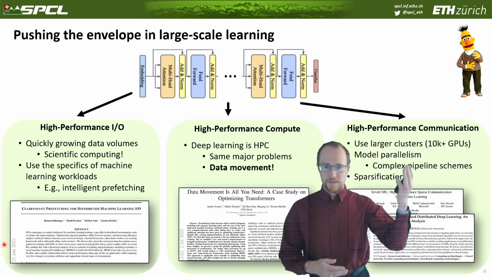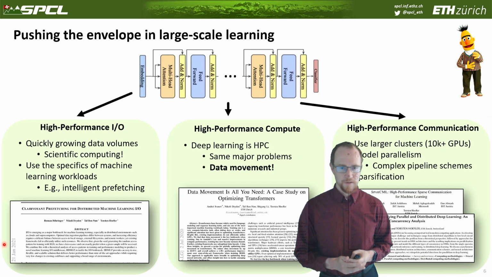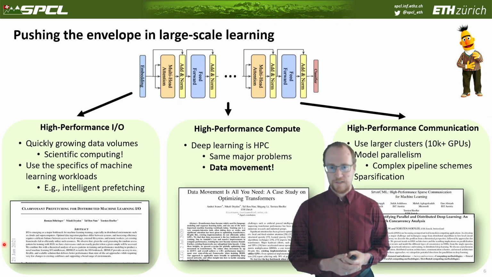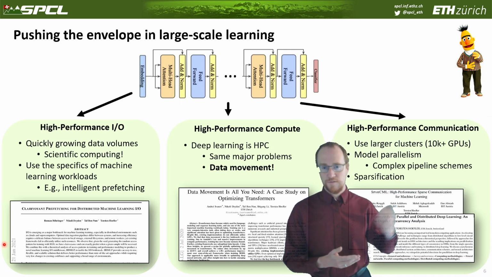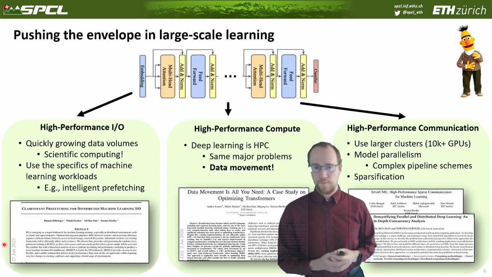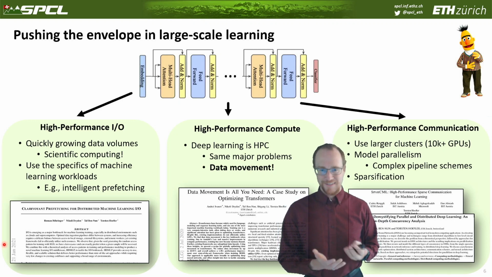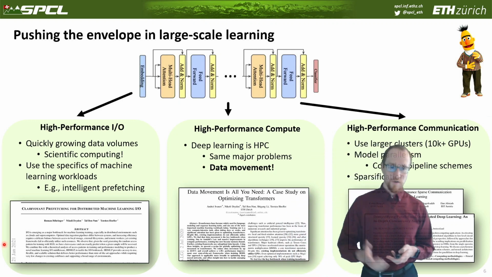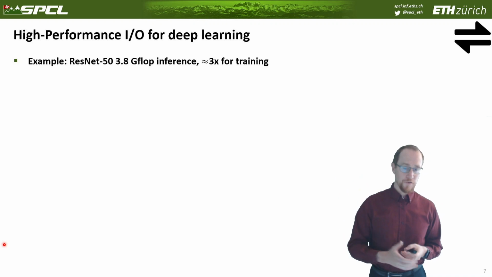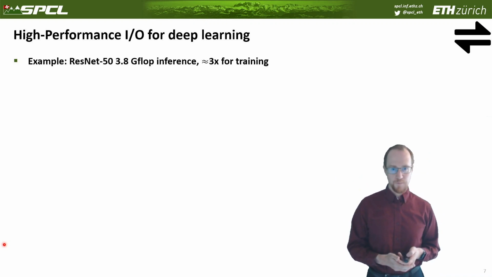Model parallelism is one of the most important forms of parallelism in that context, because if your model does not fit on a single accelerator, you have to distribute it across various accelerators. There are different ways of doing this. I'm going to talk about this in the next couple of minutes, but one of those is complex pipelining schemes. Another way to deal with this data deluge, somehow parameter deluge, is sparsification, to just not store all the parameters. Okay, so let me dive right into the first pillar, high performance input-output for deep learning.